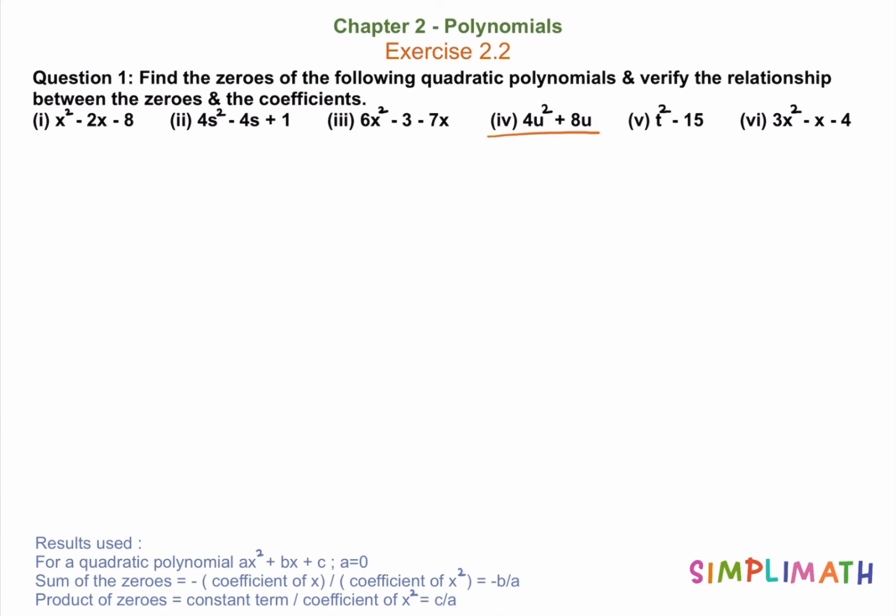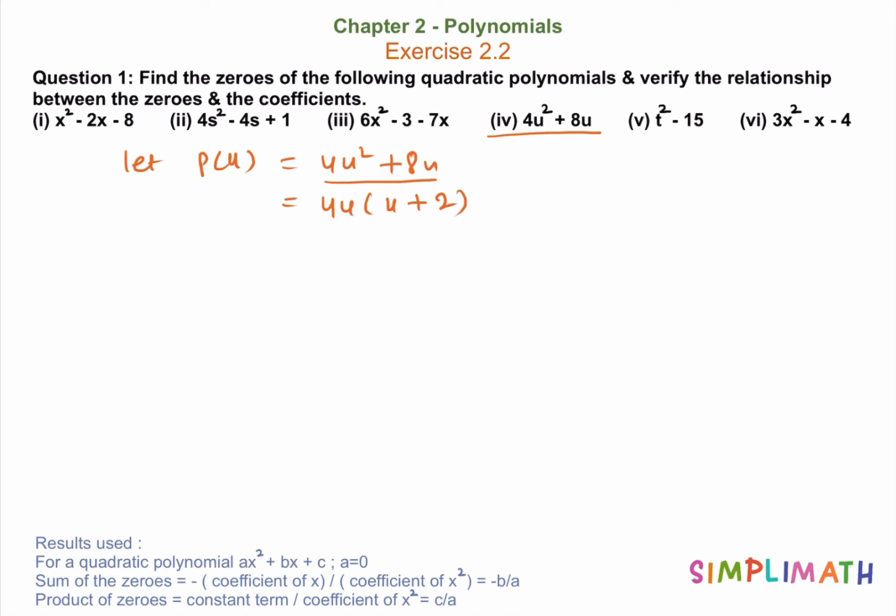Let us now come to the fourth part of the question. So let p(u) equal 4u square plus 8u, right? So from these two terms, what I can say is common, 4u, we are left with u plus 2.